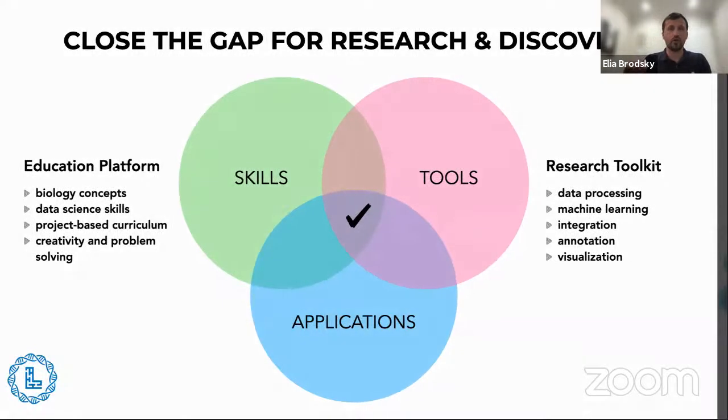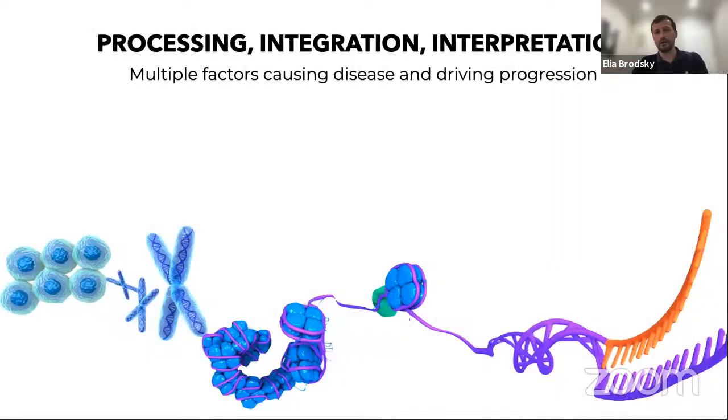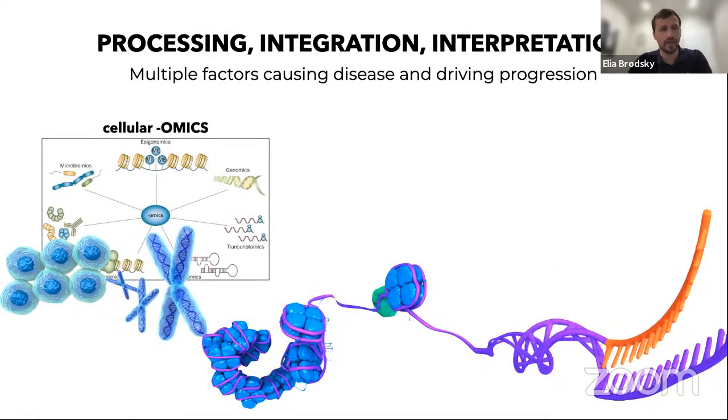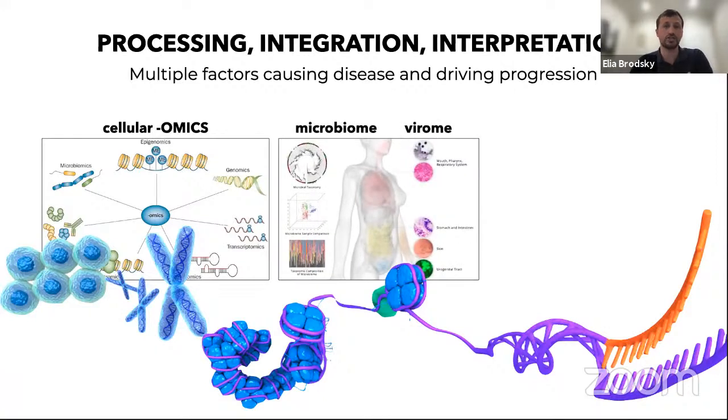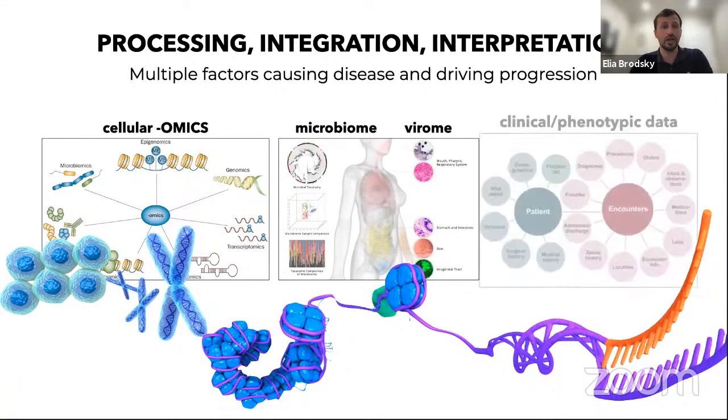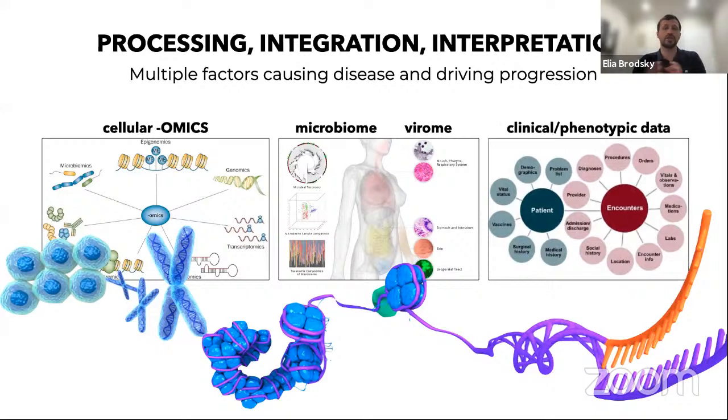Ultimately, we're going to provide you with a number of examples of how you can take cellular omics data, understand the challenge in the integration, and then try to understand the relationship between clinical and phenotypic data with the different levels of omics data that we will describe in detail, including genomic data, transcriptomic data, metagenomic data, and others.